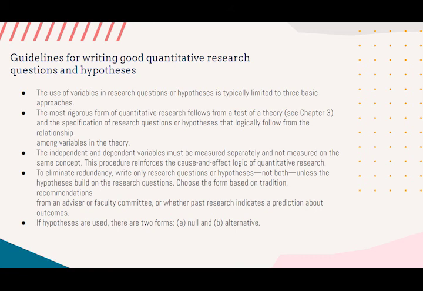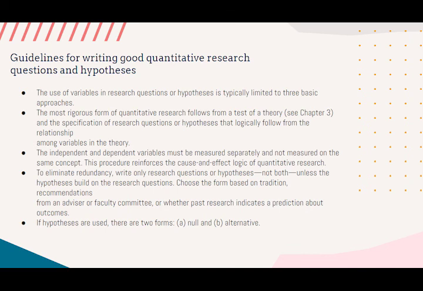Second, the investigator may relate one or more independent variables to one or more dependent variables. Third, the researcher may describe responses to the independent, mediating, or dependent variables. And the most rigorous form of quantitative research follows from a test of a theory and the specification of research questions or hypotheses that logically follow from the relationship among variables in the theory.